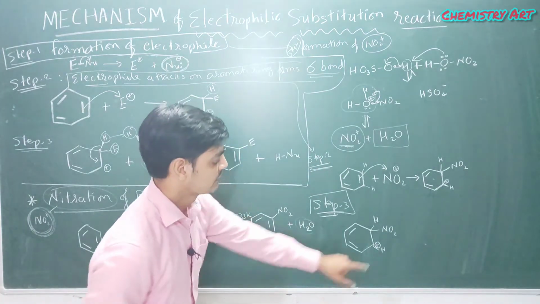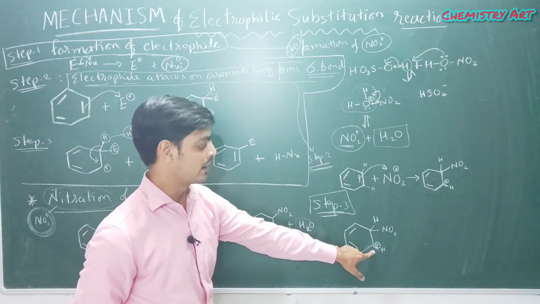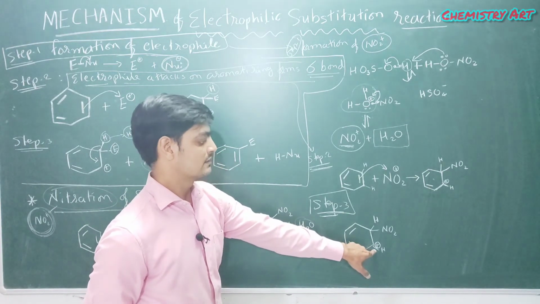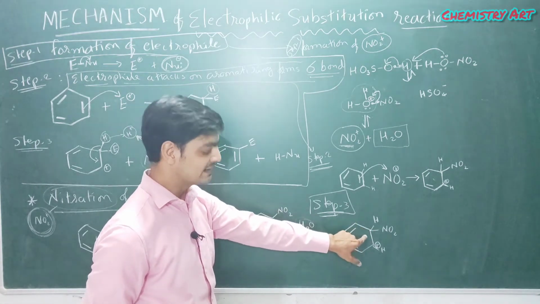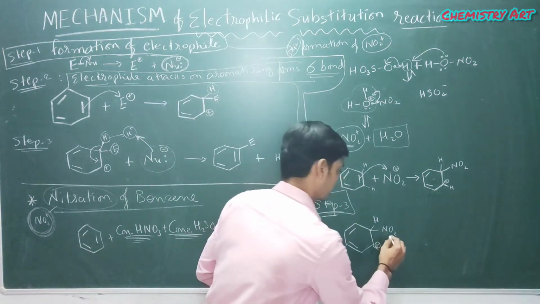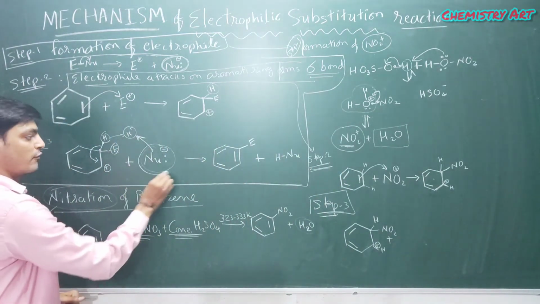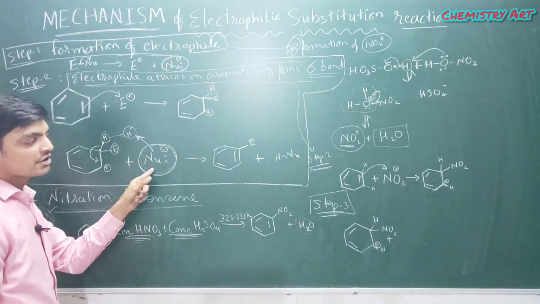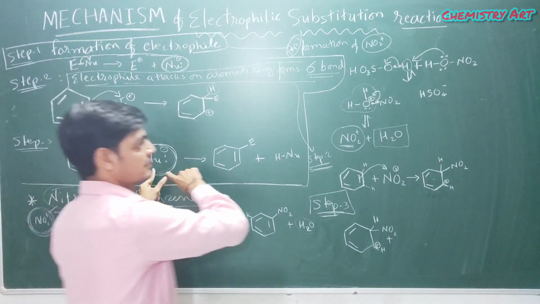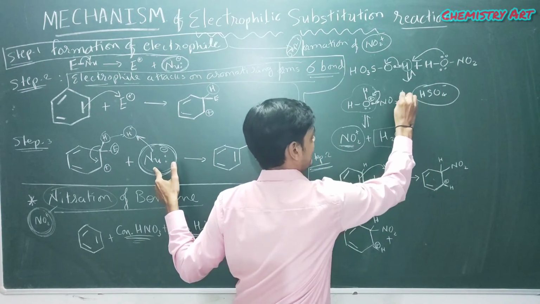Okay, now this carbon needs electron, and towards this carbon the hydrogen can send the electron, but when it comes in contact with the nucleophile, and I already told you what is our nucleophile here. See, HSO4 minus we were getting in first step.